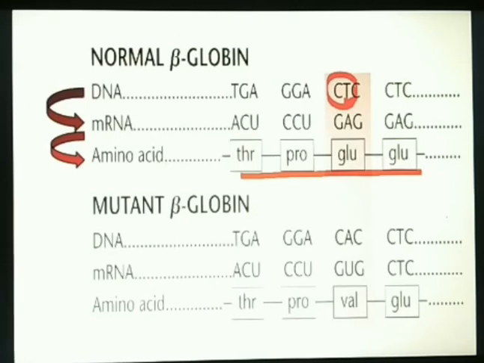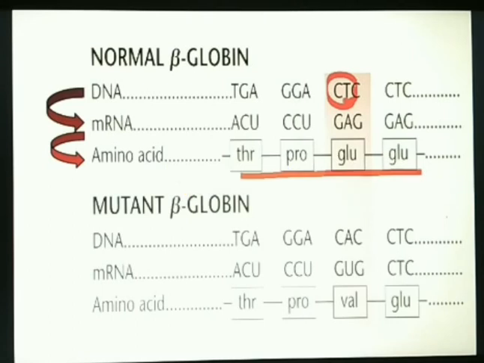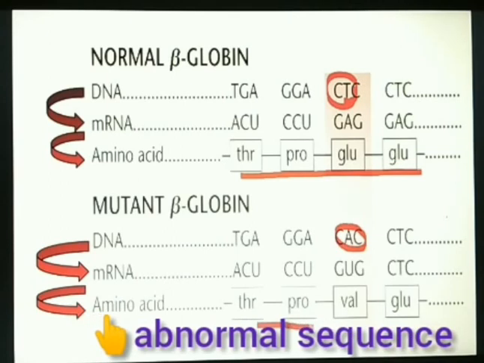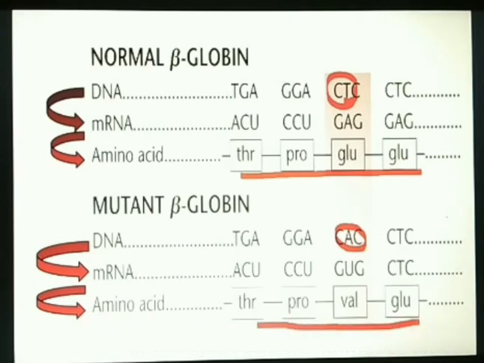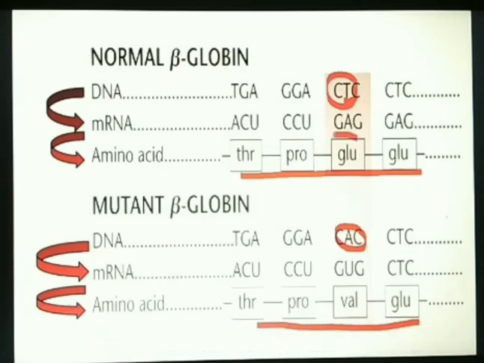So this is the normal beta globin which was supposed to be formed by the DNA. If there is any change in the sequence of DNA, it will change the sequence of mRNA and therefore an abnormal beta globin chain will be formed. So the amino acid which was supposed to be formed in normal beta globin is not formed here.